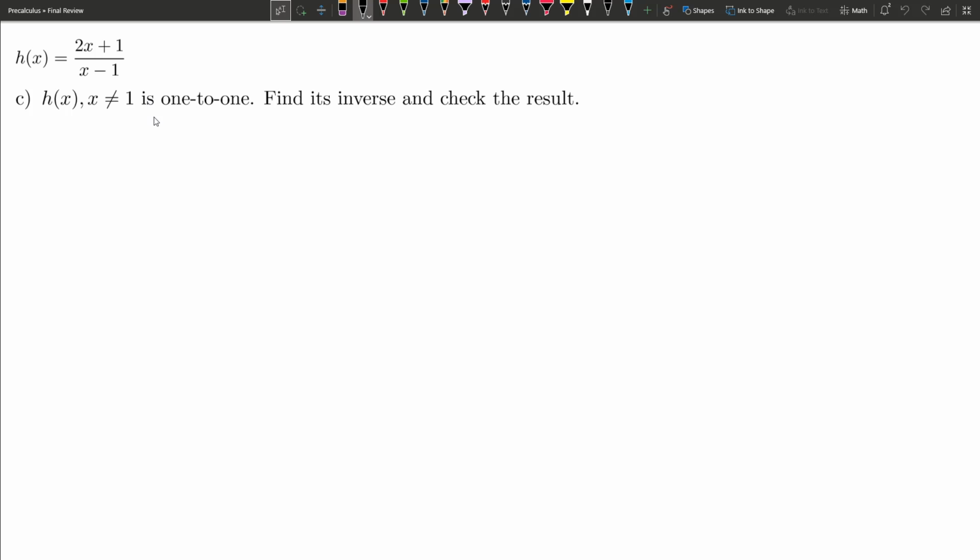That would be undefined. And the next thing it's saying is that it's 1 to 1, and what that really means is that it's going to have an inverse because every x value has only one y value.